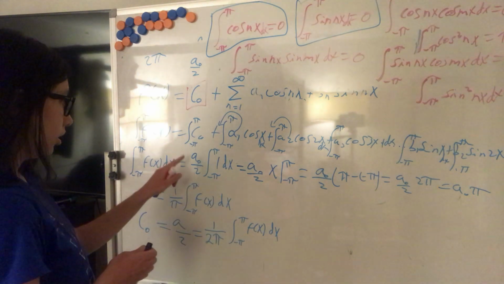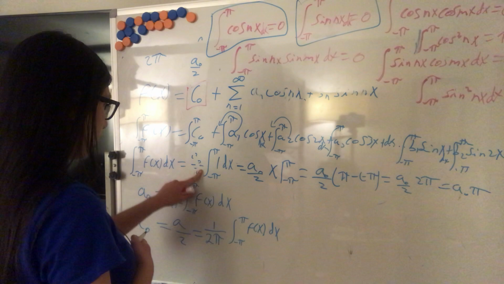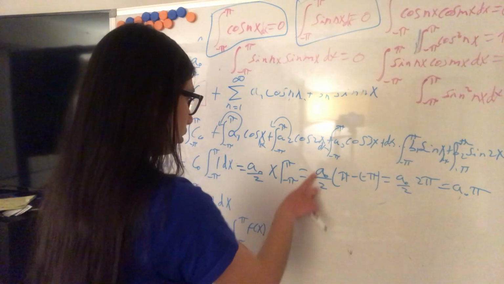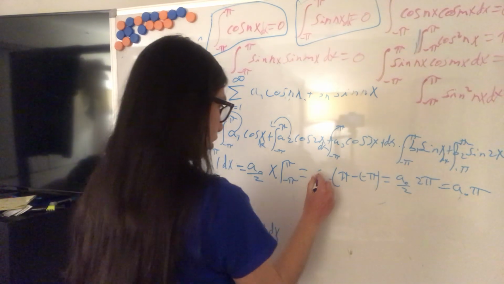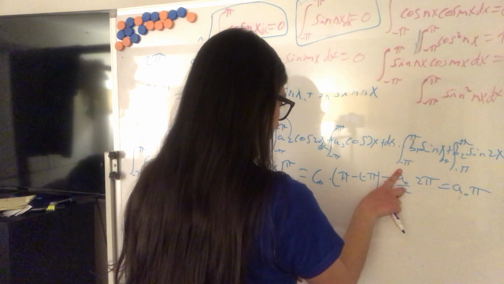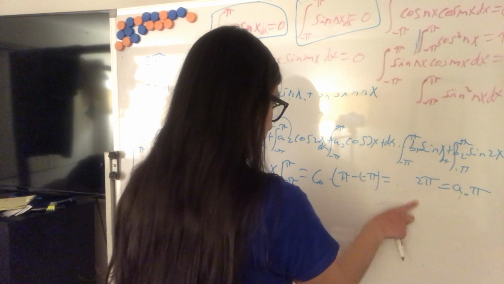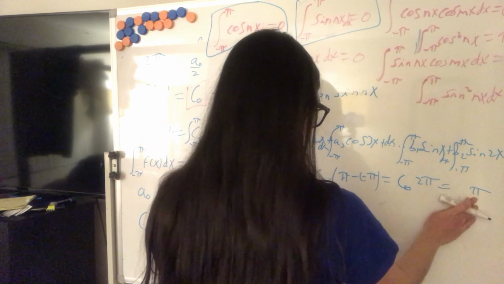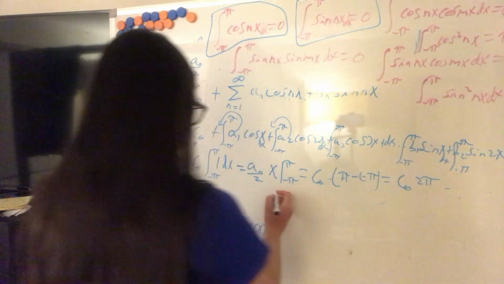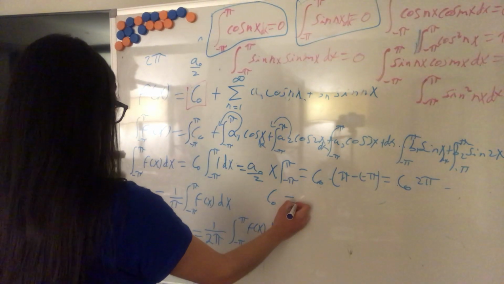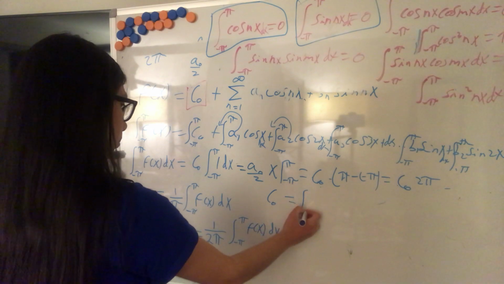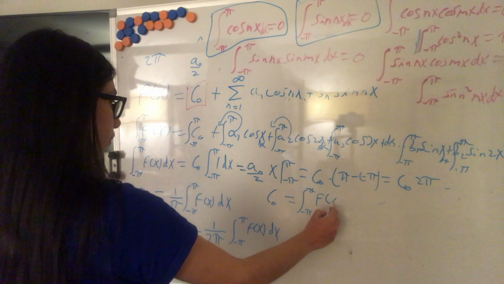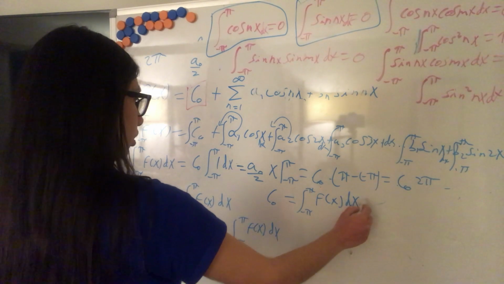The other way is that instead you put c sub 0 in each place, so you will have that c sub 0 is equal to 1 over 2 pi times the integral from minus pi to pi of f of x dx.